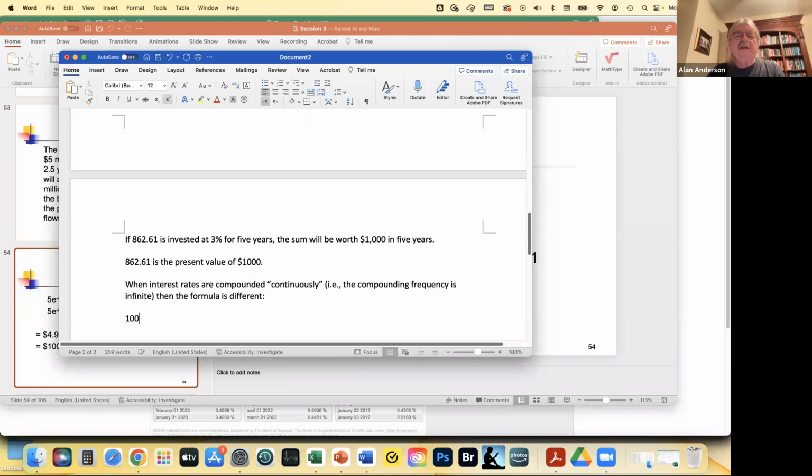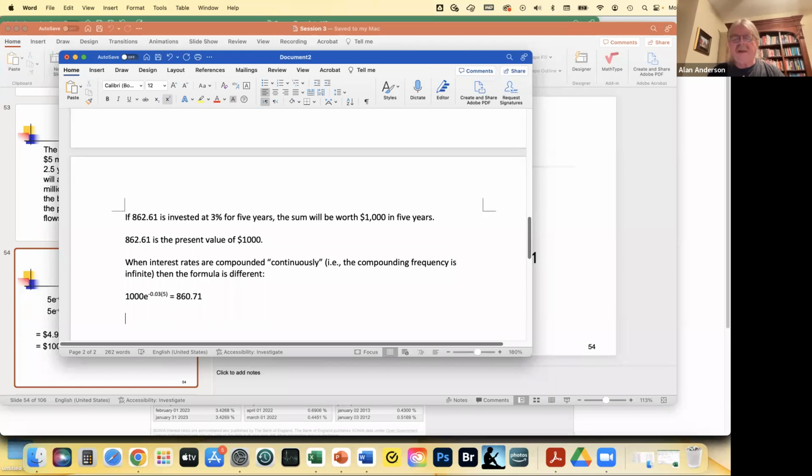What you would do then is take your $1,000 and multiply by e to the exponent minus 3% times 5 years. That gives us $860.71.